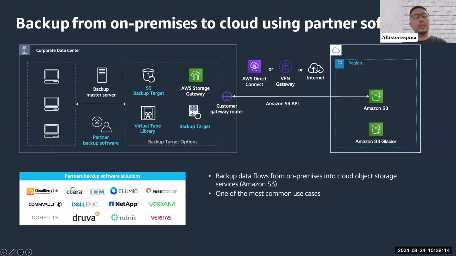I'm not talking only about backup, but also other use cases like security. If you have a preferred security vendor or some security capabilities that are not available in the cloud native AWS services, you can always integrate that in your solution. So in this case, for backup, you can use your preferred backup partner or backup software and integrate it with your cloud environment or your AWS account.